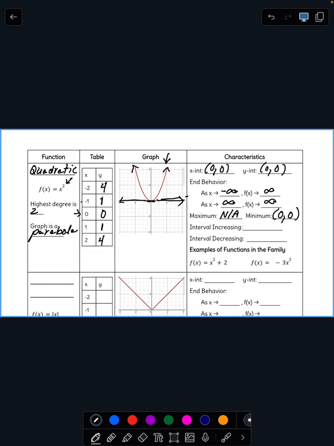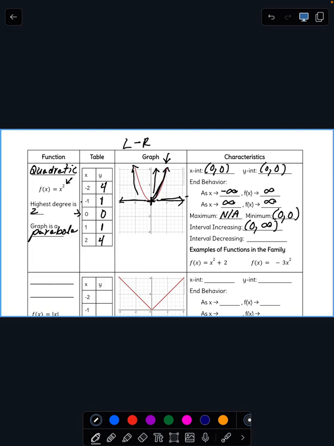So intervals increasing. I'm looking for where it's increasing, and I'm going from left to right when I'm doing the increasing or decreasing. So from left to right, my y values are going up. So my interval is increasing from 0 to positive infinity.